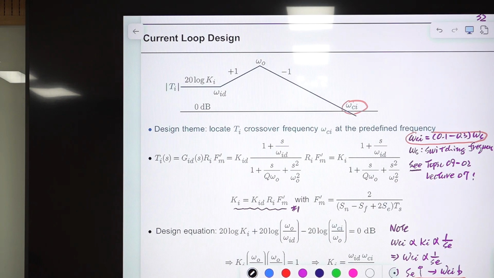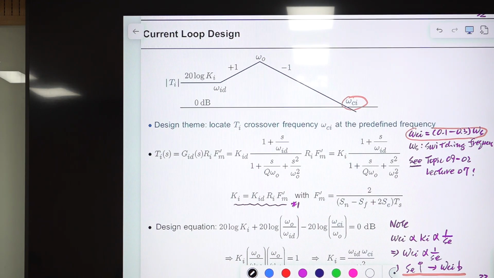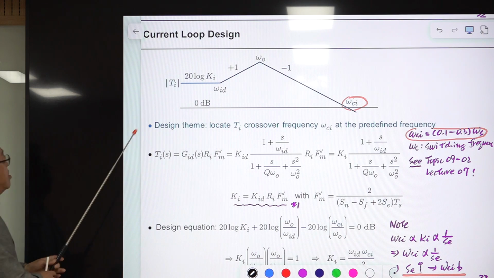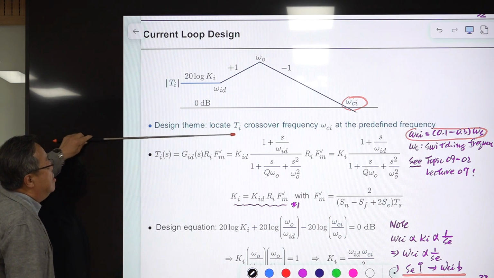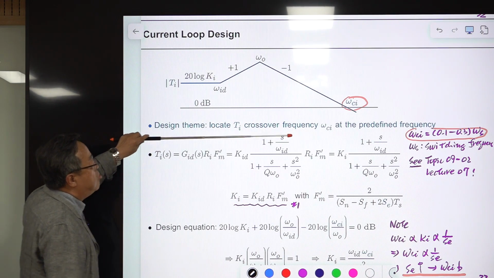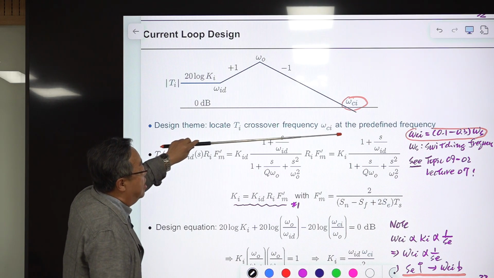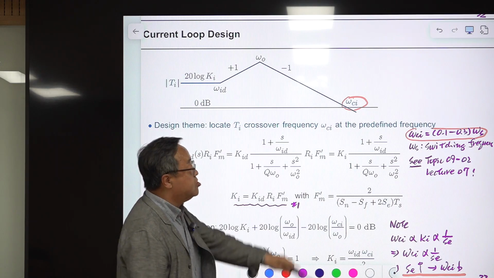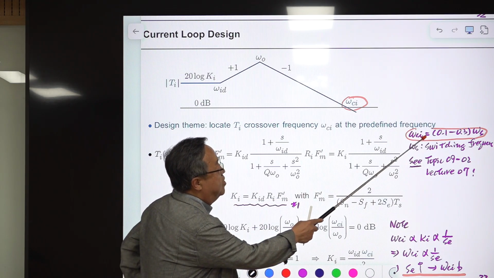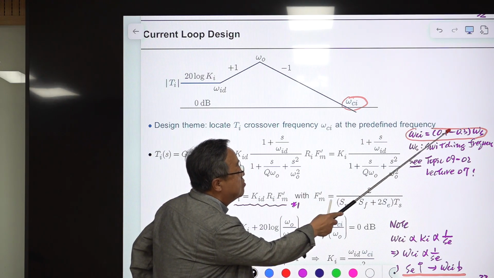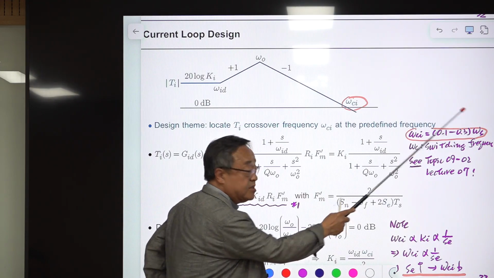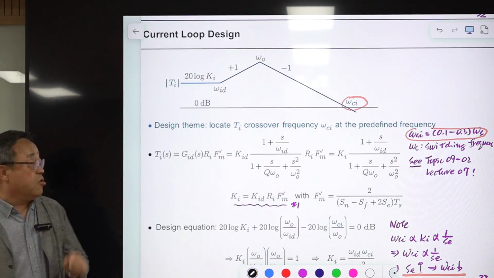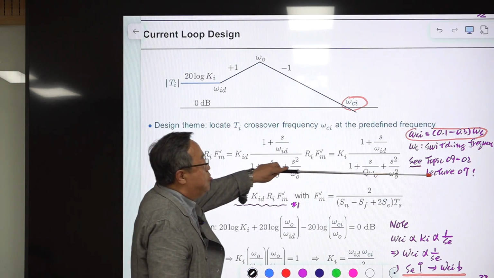So let's take a close look at the current loop design. So this is the current loop. The design theme is to place the Ti crossover frequency omega Ci at a predefined frequency. For example, omega Ci will be located at 0.1 to 0.3 times omega s, where omega s is the switching frequency. So you know the region.